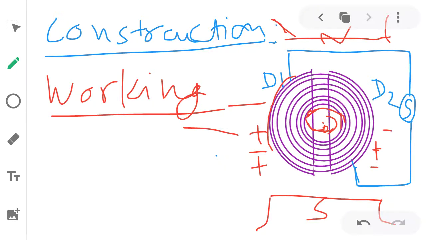That is why the construction of the cyclotron is such that we get a definite amount of energy.